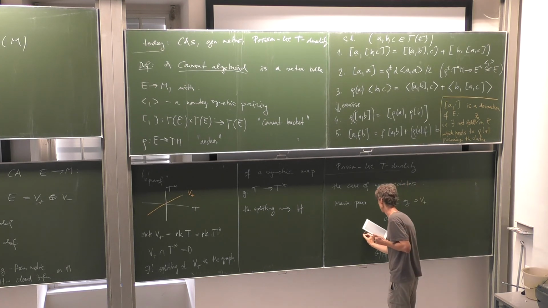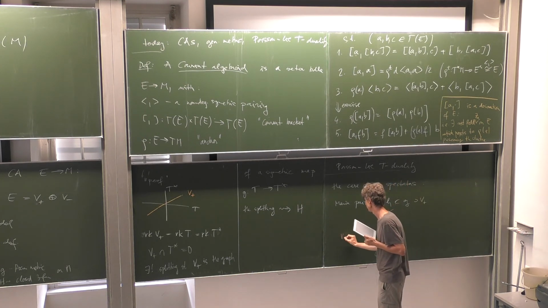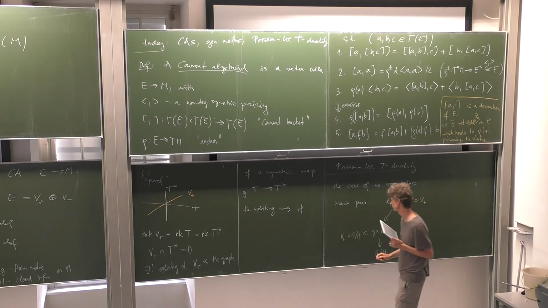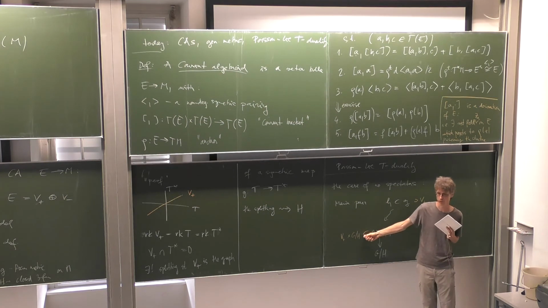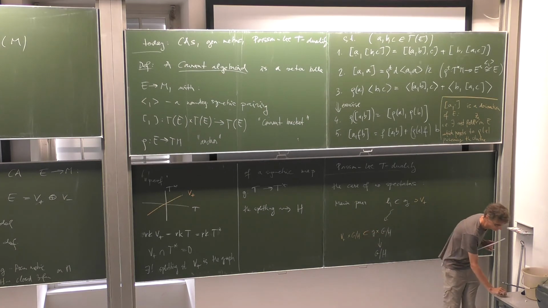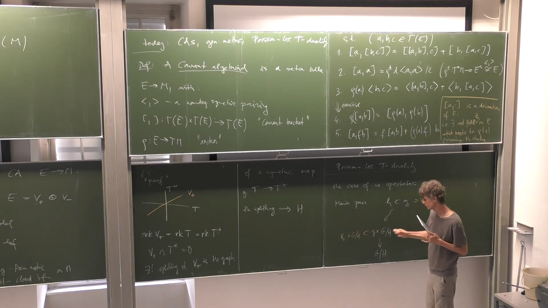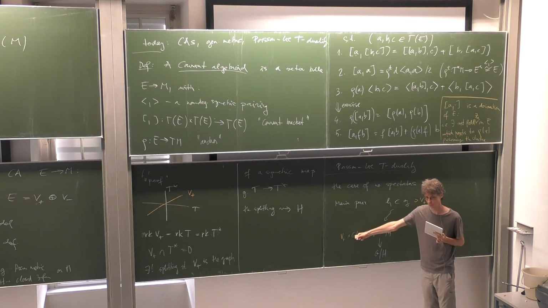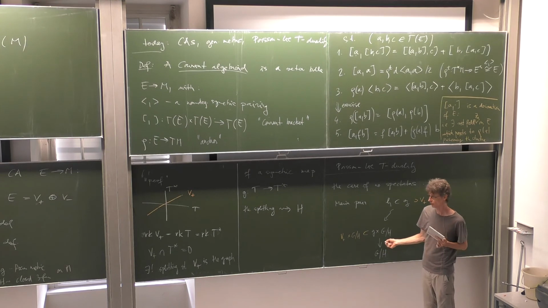Inside of that, we're going to have V plus times the base, G mod H. This is a generalized metric. So we have an exact Courant algebroid with a generalized metric. In other words, it is equivalent to a metric and a closed three-form.